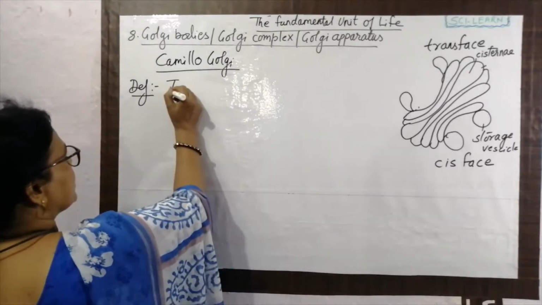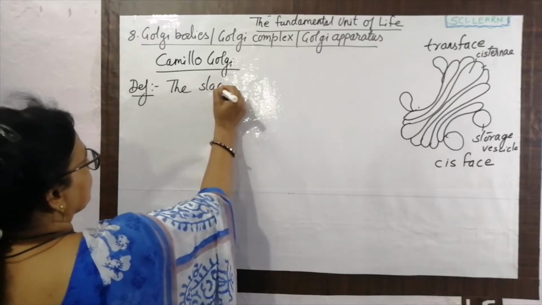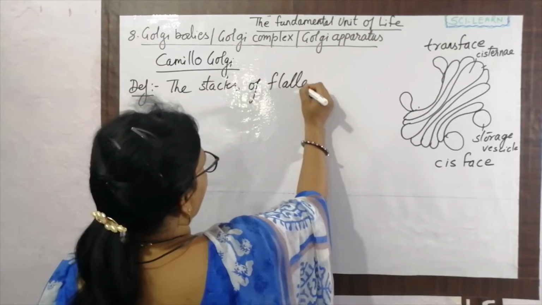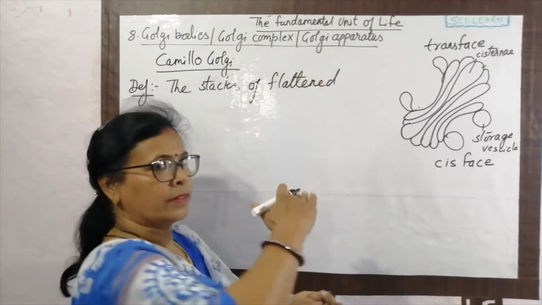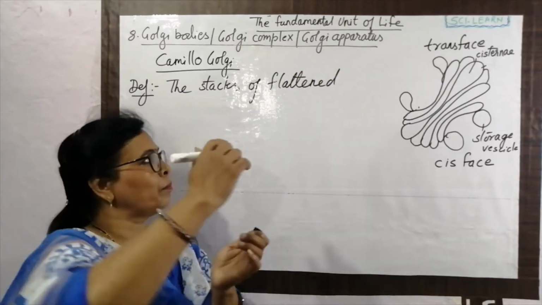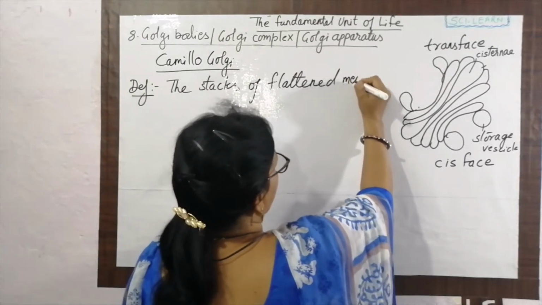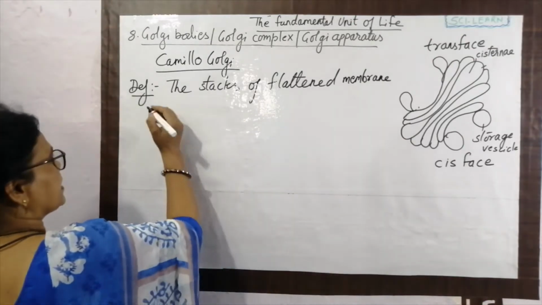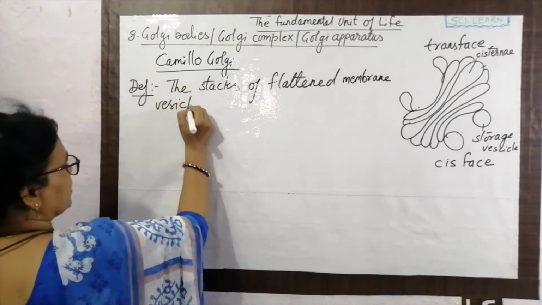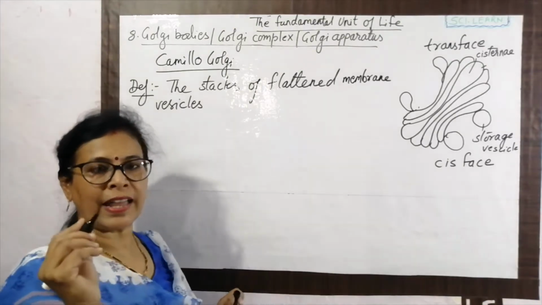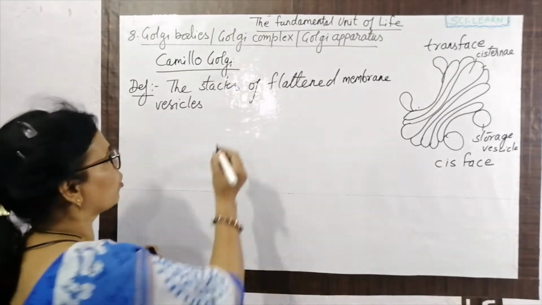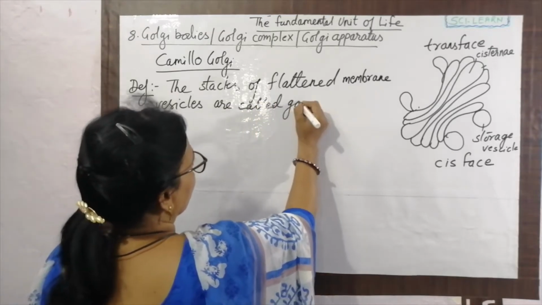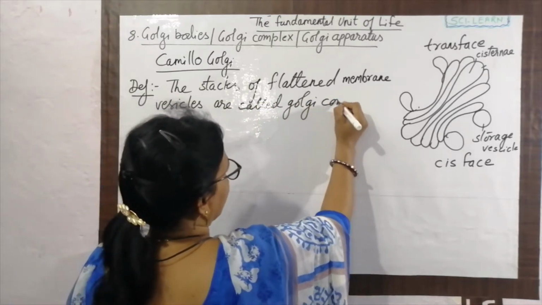It is the stack of flattened membrane vesicles, deposited over one another like this. It is membranous because it is present in the eukaryotic cell. The stack of flattened membrane vesicles is called the Golgi apparatus.